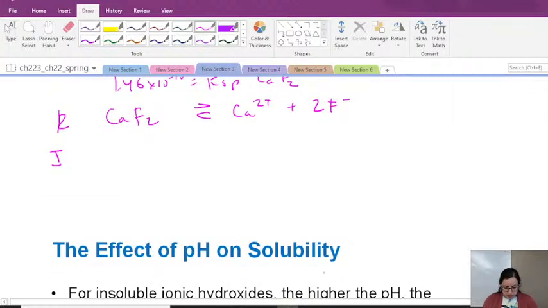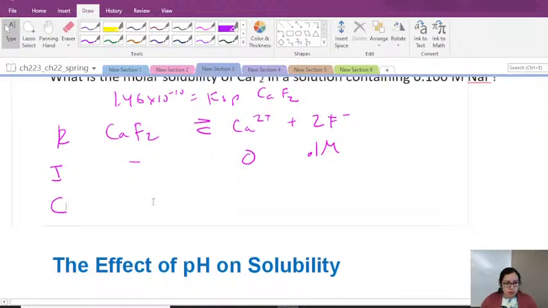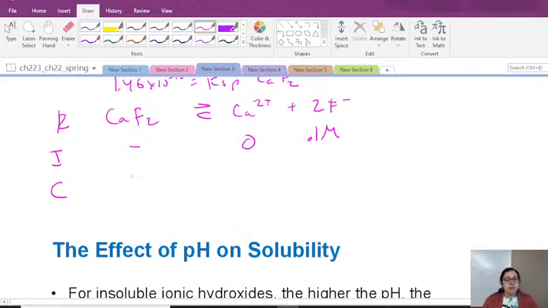Then we can set up our initial conditions. Initially we just have 0, and then we have 0.1 molar fluoride, so I'll put that for our initial conditions. Then our change, similar to our reaction. If you have S for your solid amount, that means you make S, and how much do you make of the fluoride?